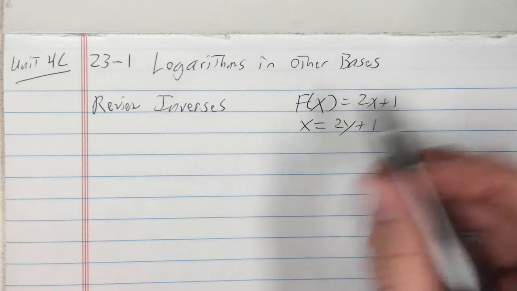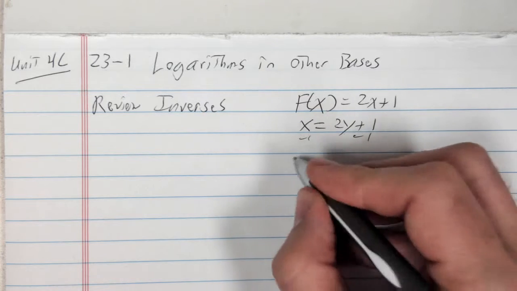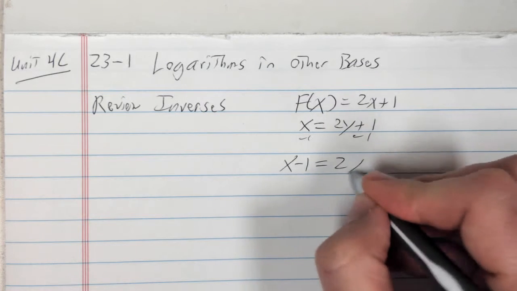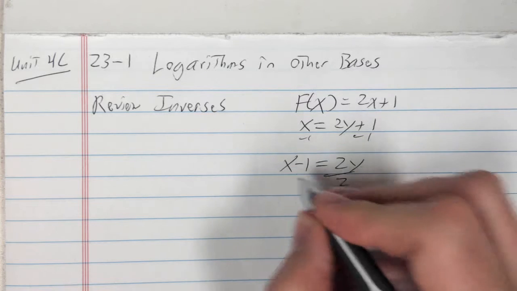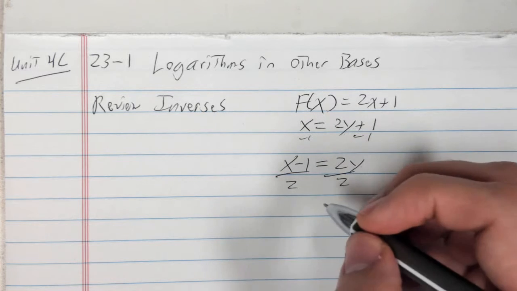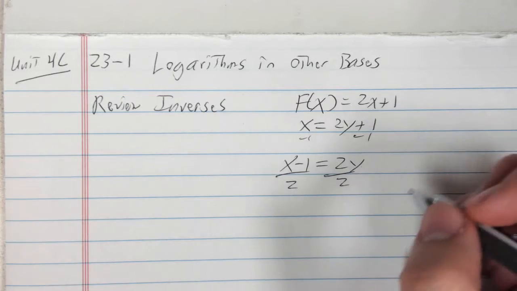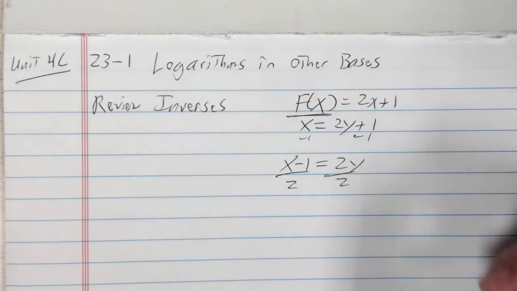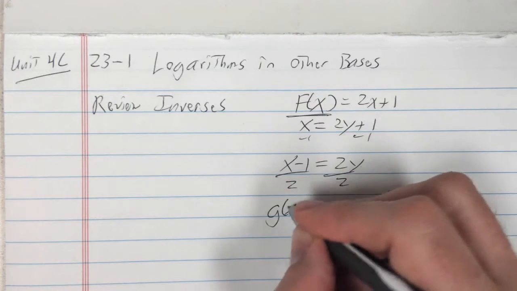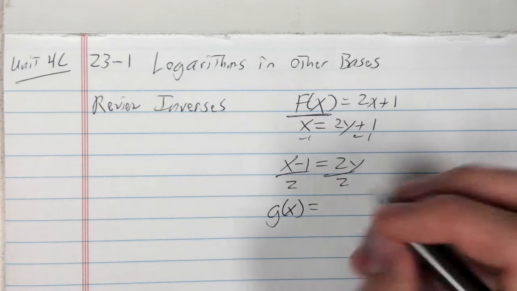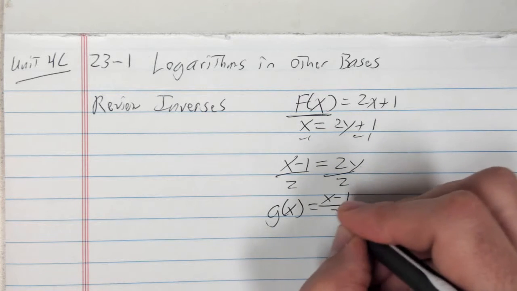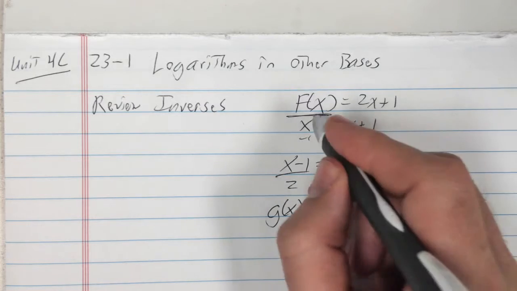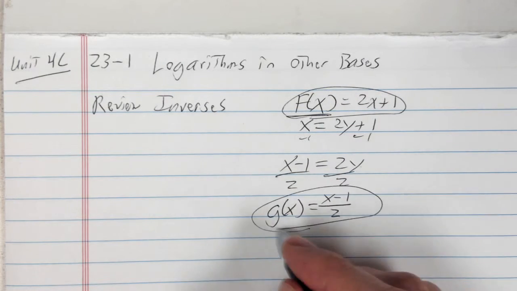So minus 1, divide by 2. x minus 1 is equal to 2y, divide by 2. So the original function is f of x. Our inverse now, we're going to label as g of x is equal to x minus 1 divided by 2. So we have our function and our inverse.